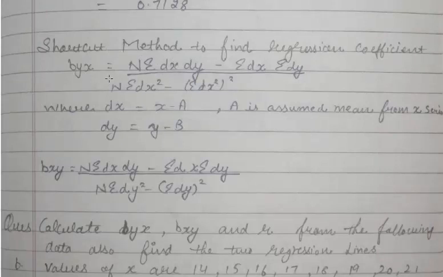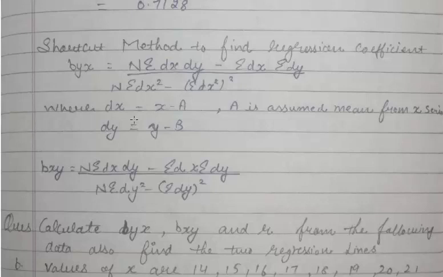Next is the shortcut method to find a regression coefficient. By the shortcut method, the regression coefficient byx is given by n into summation dx dy minus summation dx summation dy over n into summation dx square minus (summation dx) whole square, where dx equals x minus a, dy equals y minus b.